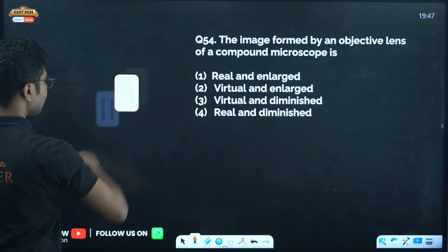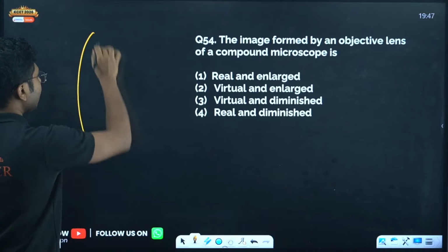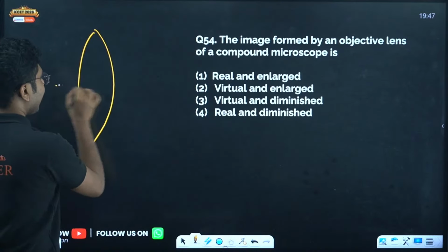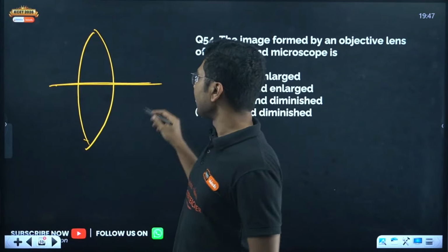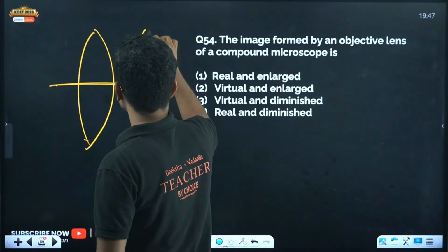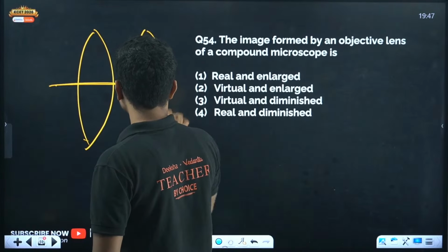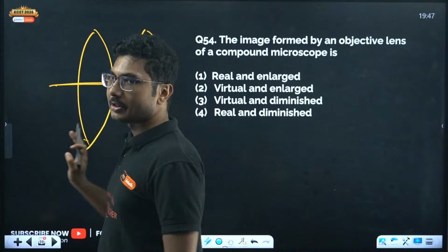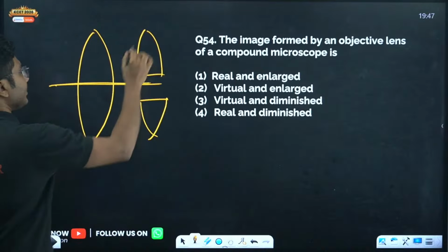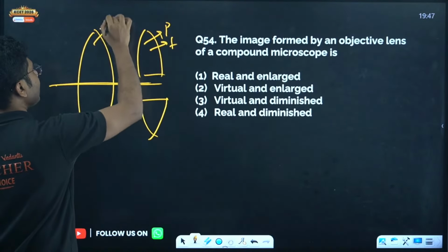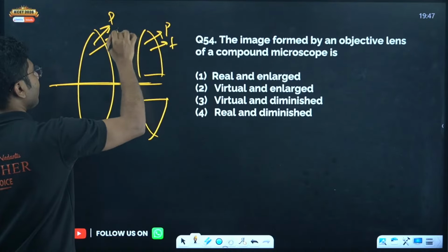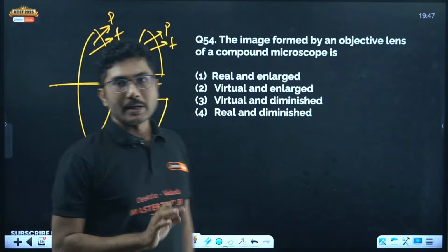If you have a lens and cut it along this, nothing changes. If you cut the lens like this, one lens like this, another lens like this, power does not change, focal length does not change. Whatever the original power, whatever the original focal length, remains the same in this case.